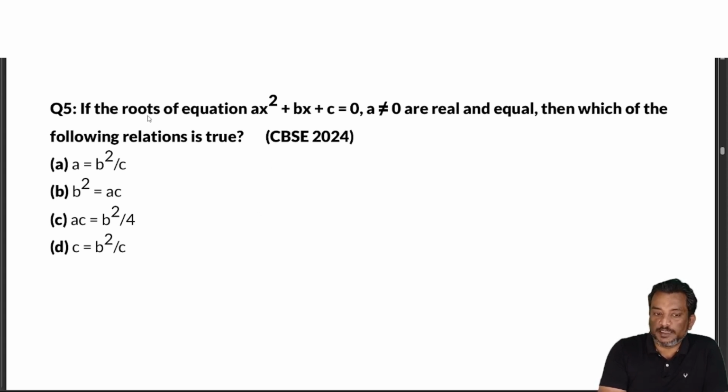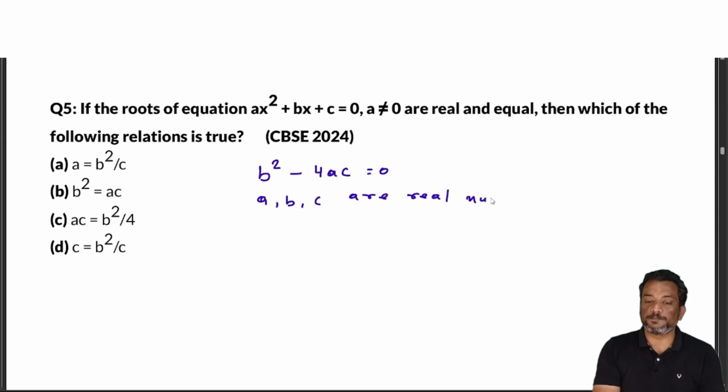It is saying the roots of the equation are real and equal, which means b² minus 4ac is equal to 0. Where a, b, and c are real numbers, and a is not equal to 0.